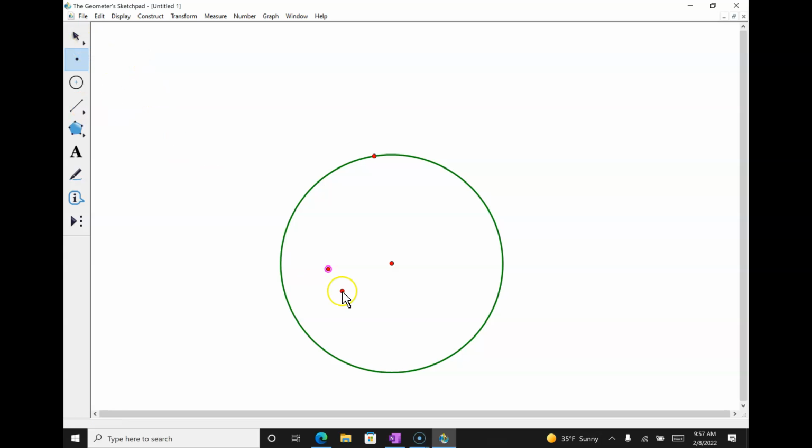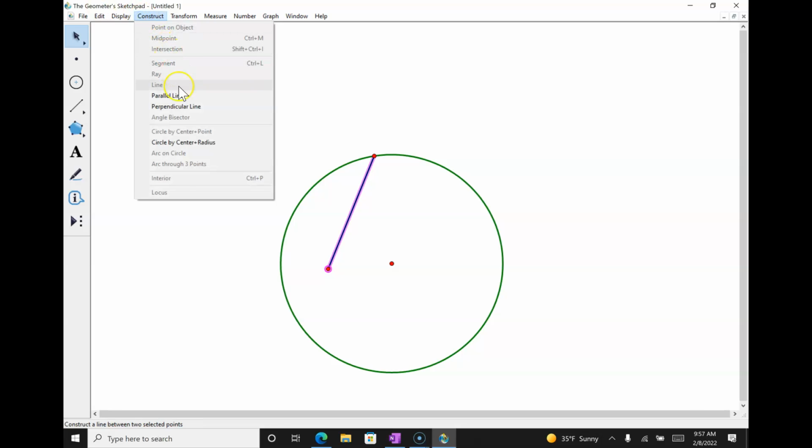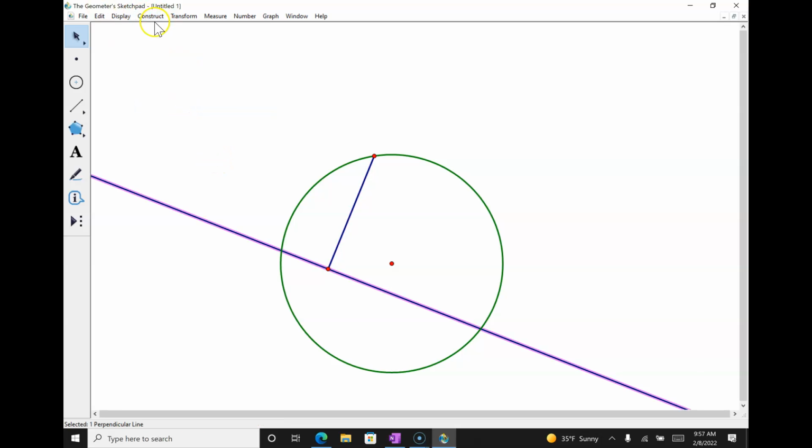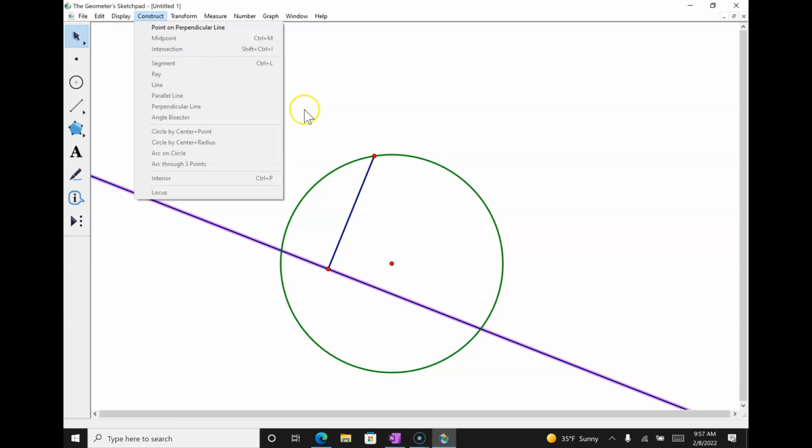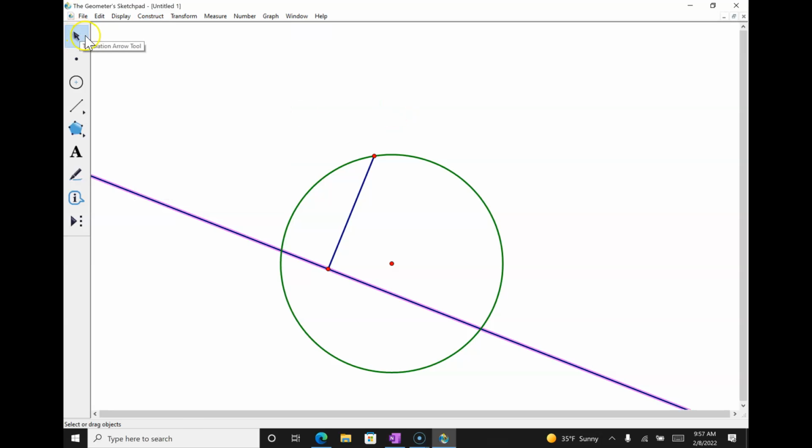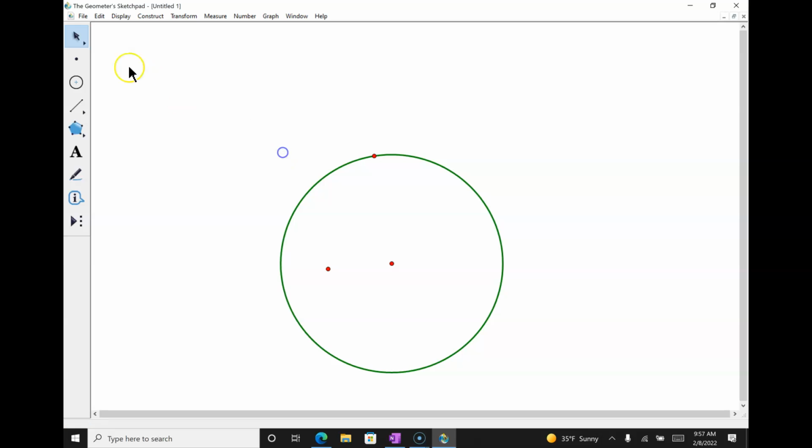I want to construct that segment and then create a perpendicular. And then I want to trace. Uh-oh, made a mistake, sorry. Control Z, Control Z. I want to pick a free point on the circle and then construct that segment.